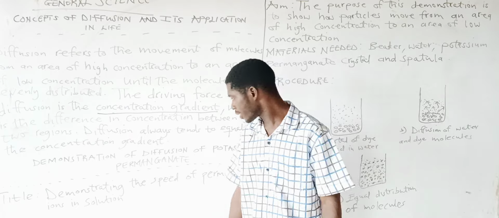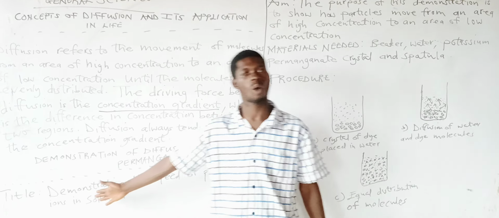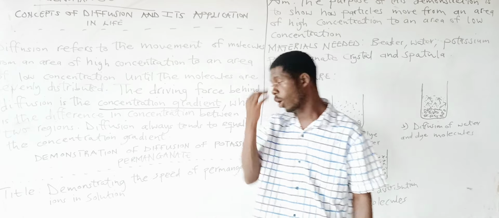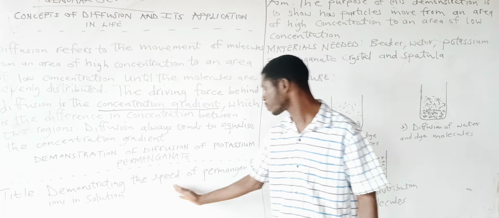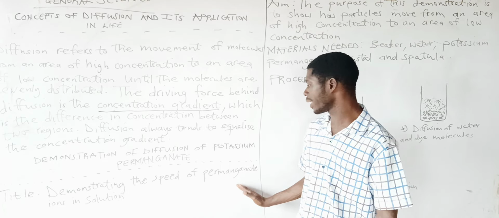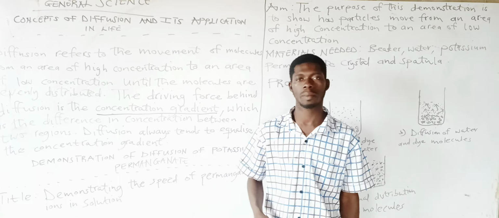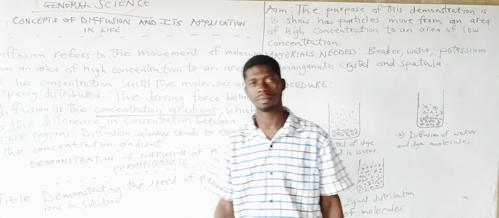Now, this is the title of our experiment: demonstrating the speed of permanganate ions in solution. So, the potassium permanganate crystal.